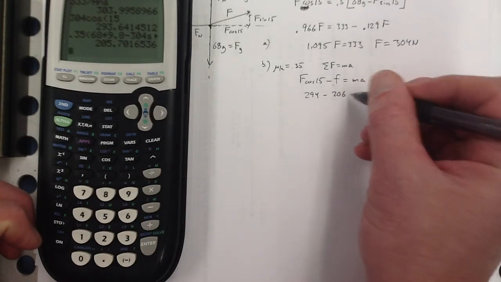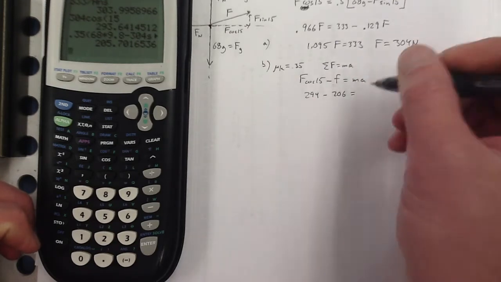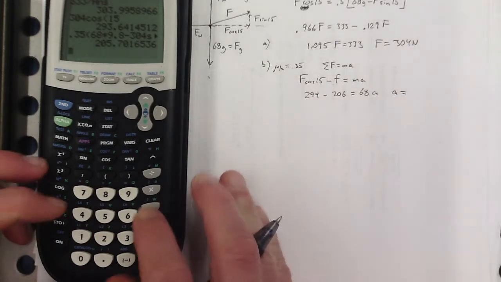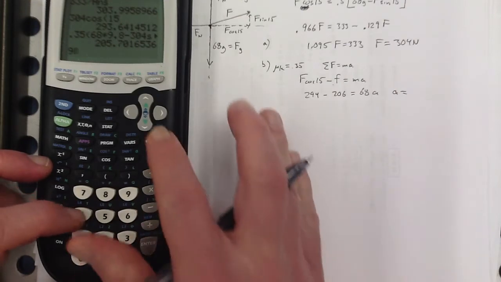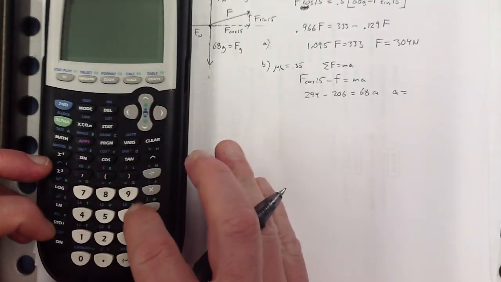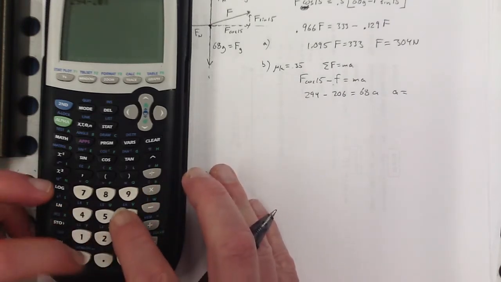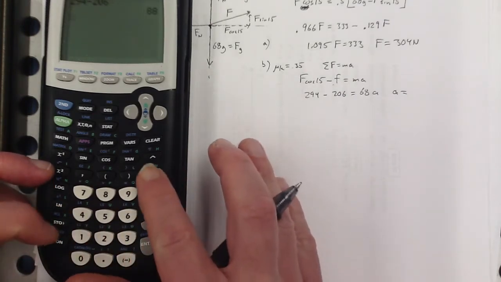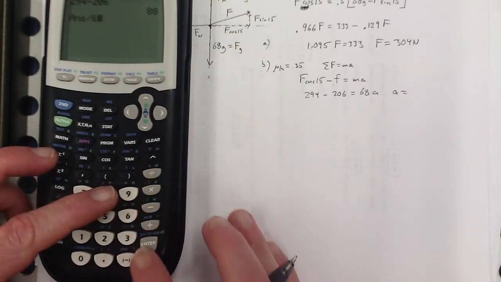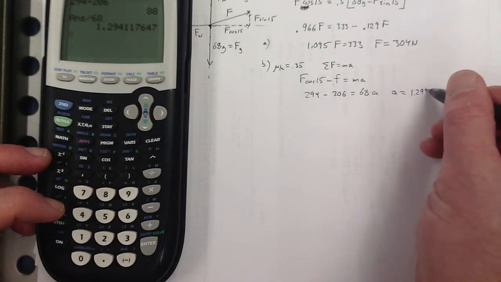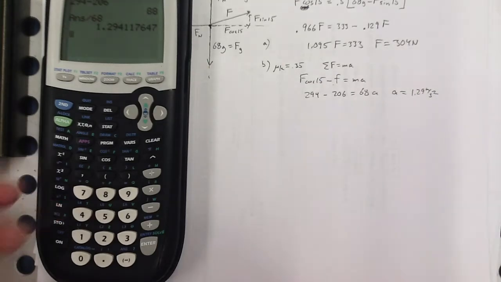That's 206 is equal to mass times acceleration. So should be good to go here. 294 minus 206 divided by 68. It's about 1.29 meters per second squared.